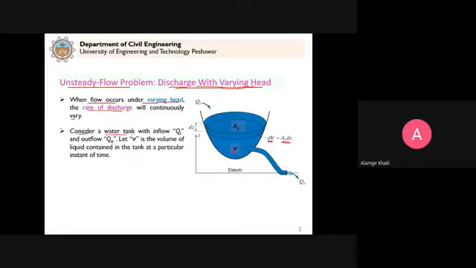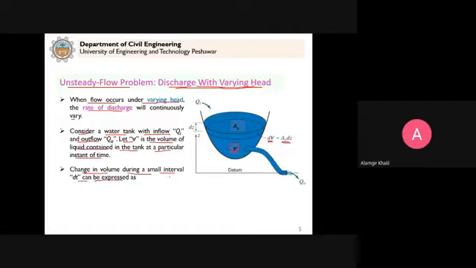Consider a water tank, which is shown here, with inflow Qi and outflow Q naught. Let V be the volume of liquid contained in the tank at a particular instant of time. The change in volume during a small interval dt can be expressed as follows.